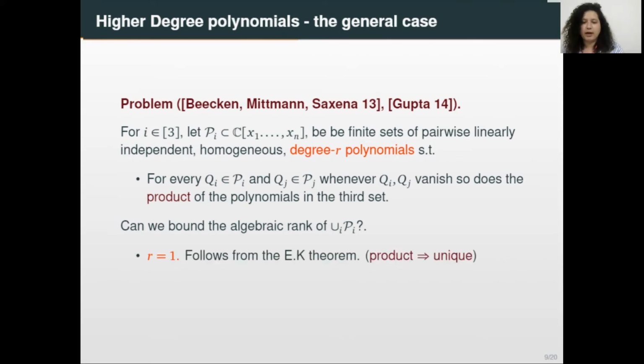As I explained earlier, when the degree is 1, this follows from the Edelstein-Kelly theorem, where the product implies uniqueness, and then we can apply Edelstein-Kelly. When R equals 2, this is our result. We proved a generalization of Edelstein-Kelly for degree 2 polynomials, or quadratic polynomials. And when R is greater than or equal to 3, which means that the polynomials are cubic or of higher degree, this is an open and very interesting problem.